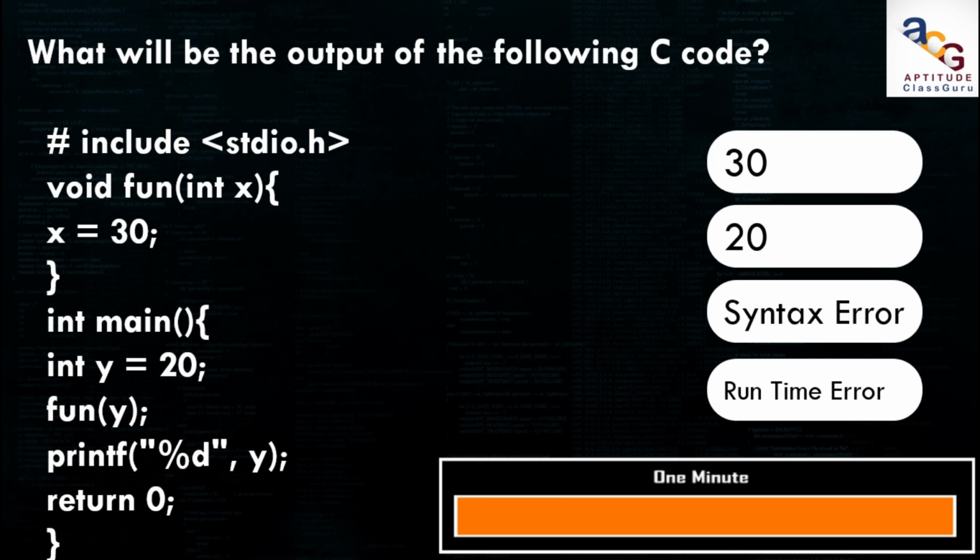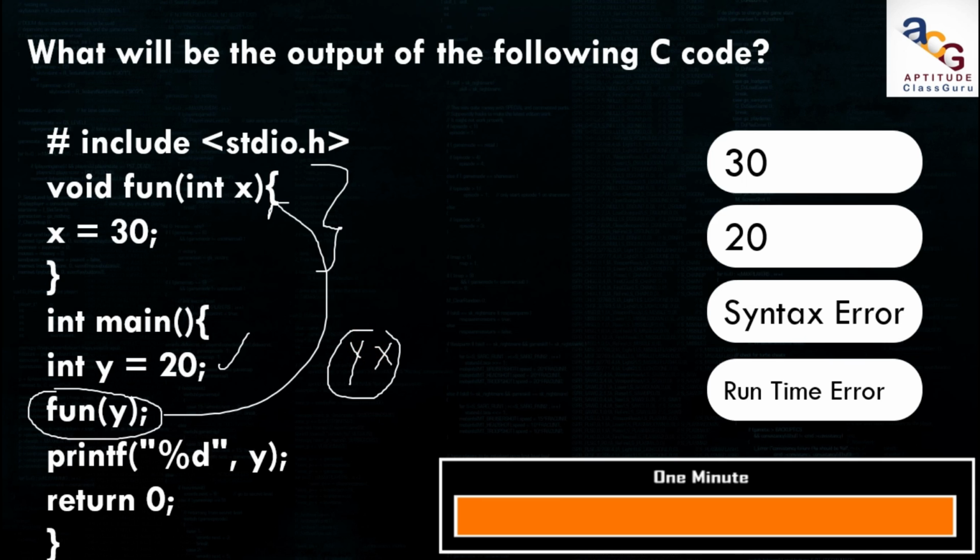What will be the output of the following C code? When you see this code, they have written a function, void function(int x), x equal to 30, then int main, int y equal to 20, another variable, function of y. So here y is passed to the function in order to change the value, but y value cannot be changed in this program. Why? Because of the concept of pass by reference and pass by value.